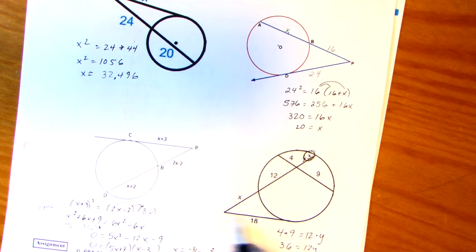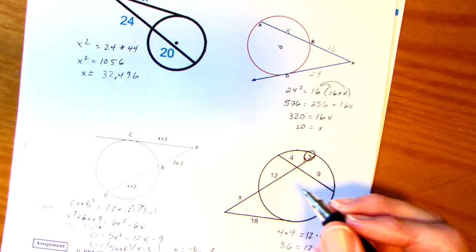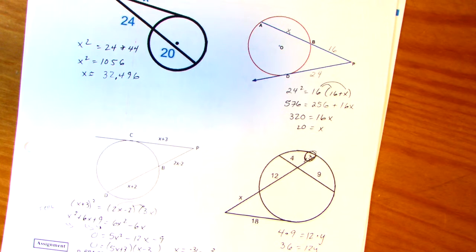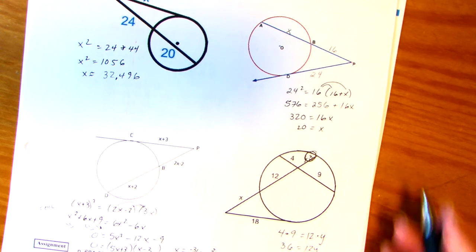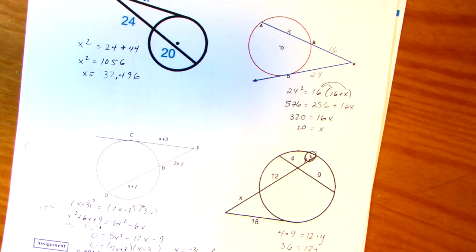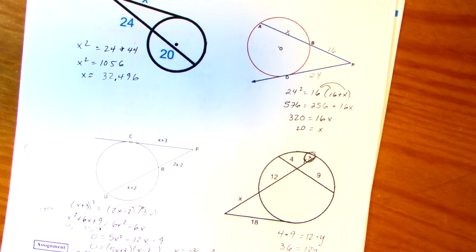Alright, so now I have a tangent and a secant. So square the tangent, you have 18 squared, is equal to the outside part, which is x, times the whole thing, x plus 15. So 18 squared is 324. I'll go ahead and distribute.